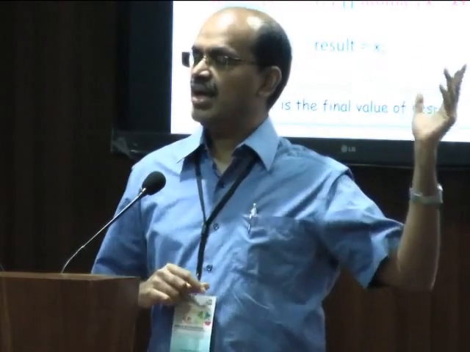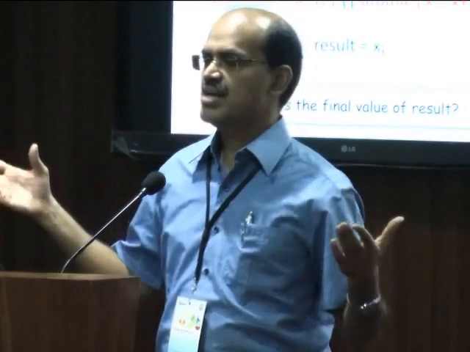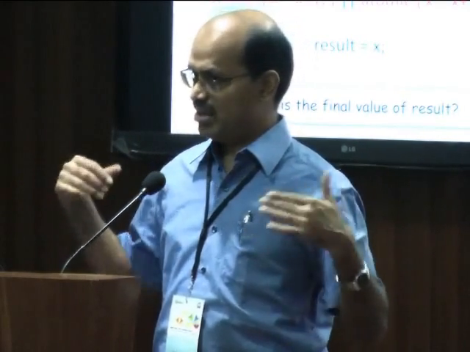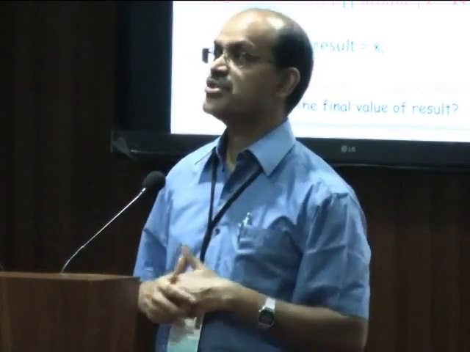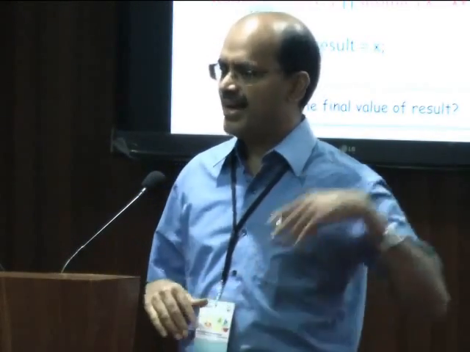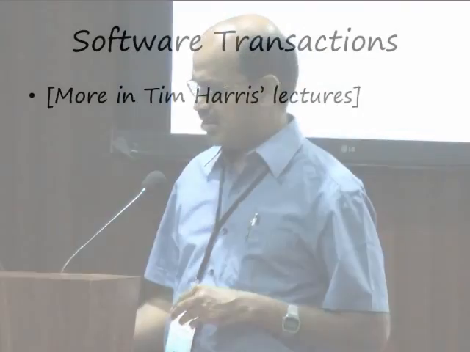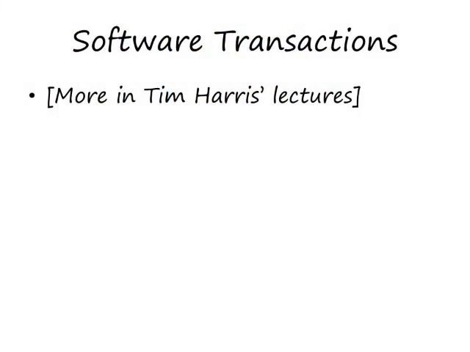So in a programming language, this simply says these 2 code fragments labeled atomic should, no matter how the system actually executes, be as though they executed without any overlapping. And in this case, you will get the correct desired behavior. Again, you'll hear more about software transactions and their implementations in Tim Harris's lectures later in this week and next week.